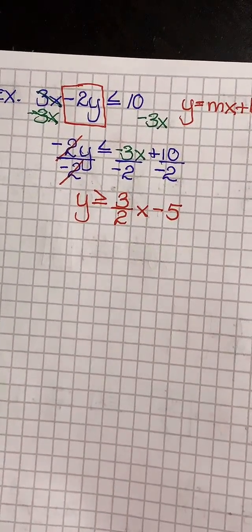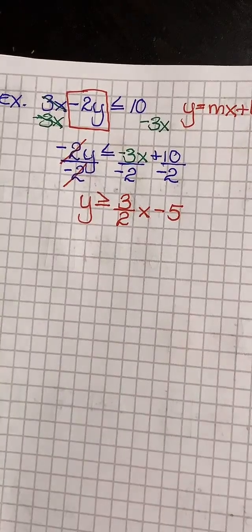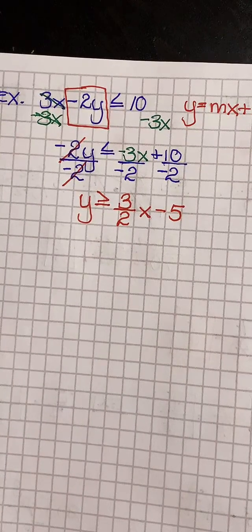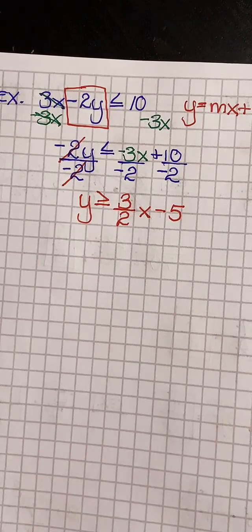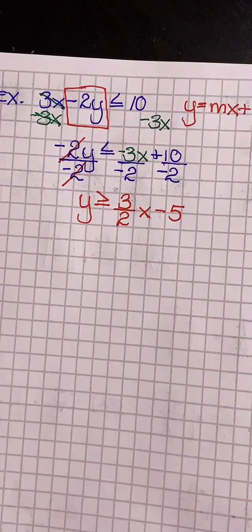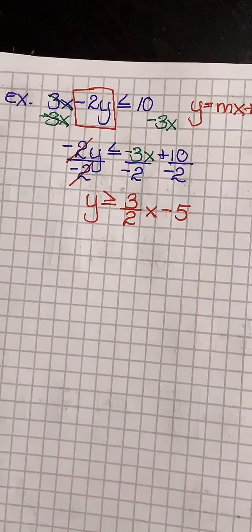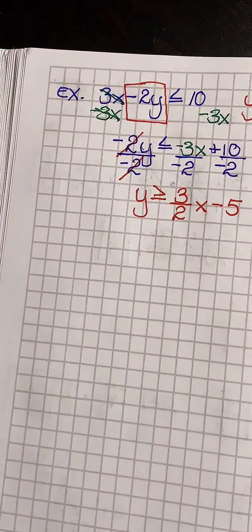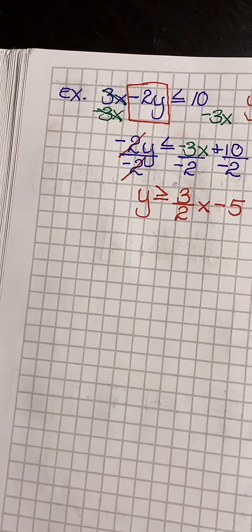Okay, we must watch our signs, because trust me, they will have -3/2 x plus 5 as one of your options if you're taking, say, the GED, the ASVAB, even the ACCUPLACER, TEAS test, any of those exams. They will have that as one of the options.